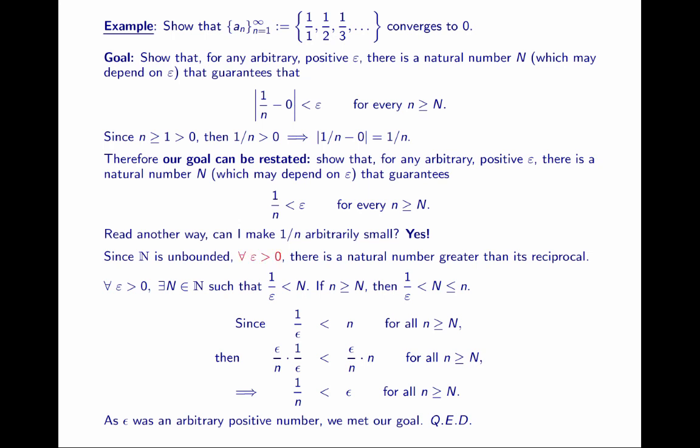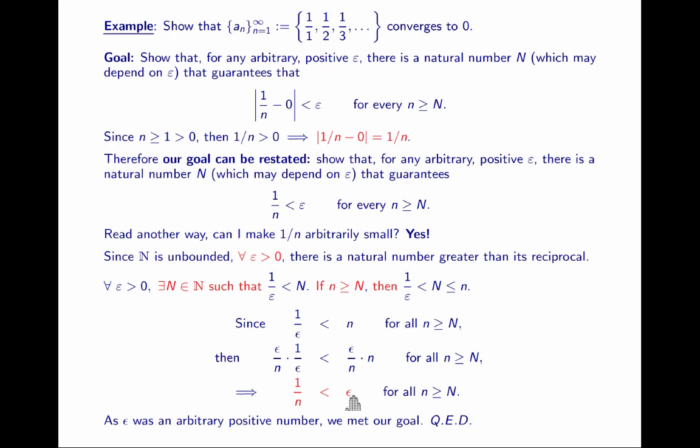Why is that? Well, for any epsilon greater than 0, there exists a natural number big N such that for all little n greater than or equal to big N, 1 over n, which is equal to what? The difference between my sequence entry and the limit 0, right? 1 over n is equal to that, is less than epsilon.